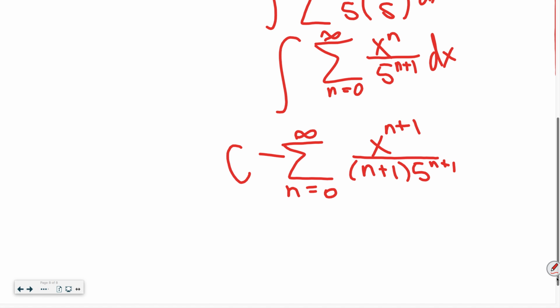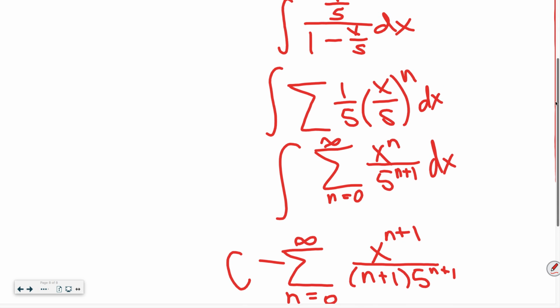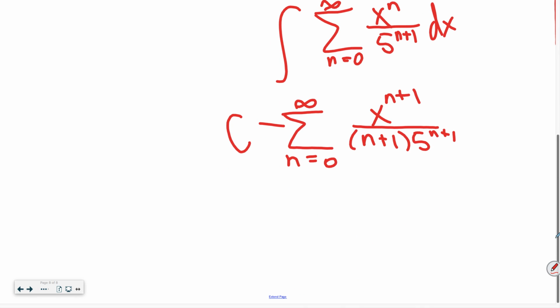When we put in x is 0, what would we get? Roughly 3. This is what it equals, right? So if x is 0, I have the natural log of 5 over here. So this is the natural log of 5.